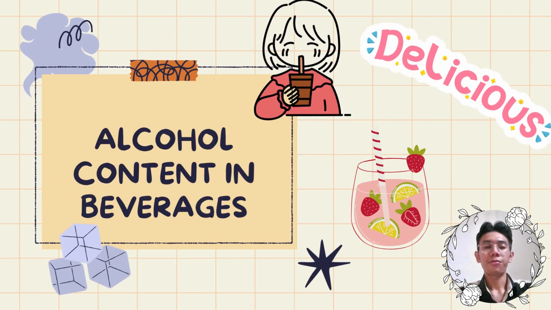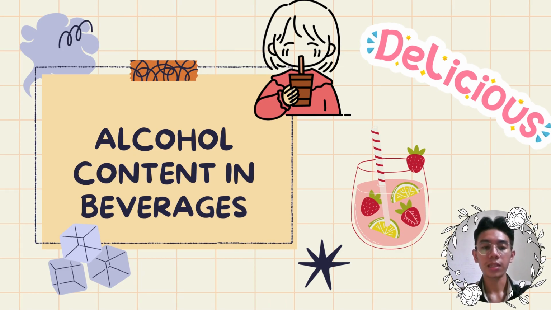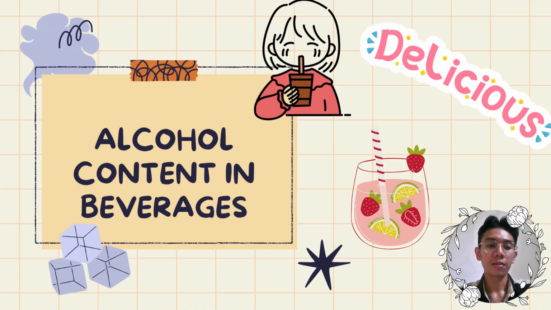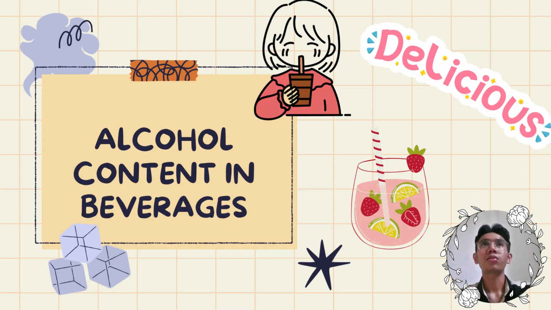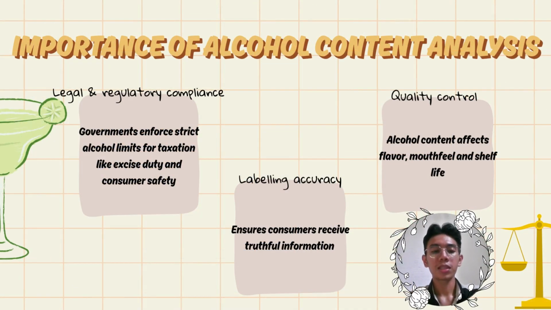Thanks, speaker 4. Today I will explain how volumetric analysis is used to measure alcohol content in beverages like beer, wine and spirits. This method is vital for quality control, legal compliance and consumer safety. We're moving on with the importance of alcohol measurement.